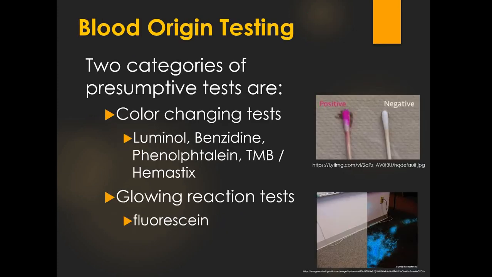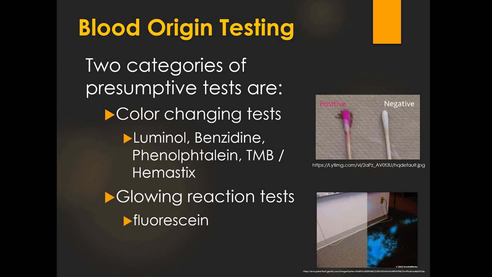All right, so when we do blood origin testing, two categories of presumptive tests are color changing tests that change when I touch it with something, and those are luminol, benzidine, phenolphthalein, which Hasselmeyer is another test name for, TMB, and hemostat.